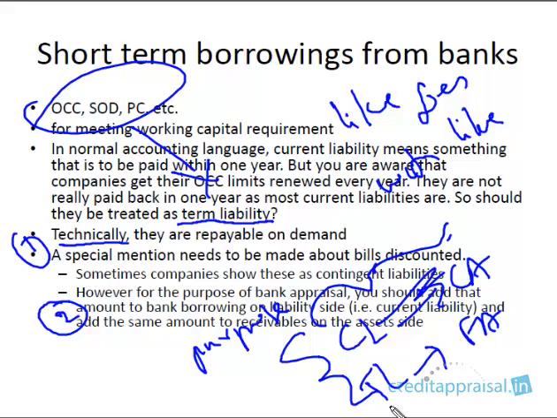Even though this facility gets renewed and rolled over year after year, the purpose of current liabilities is to finance current assets such as your inventory, which includes raw material, stock in progress, finished goods, and also debtors. When this is a current asset, the purpose for which these funds are used is a current item. It makes sense for this item to also be a current liability. Just because it's getting renewed and rolled over doesn't mean it's a term liability.